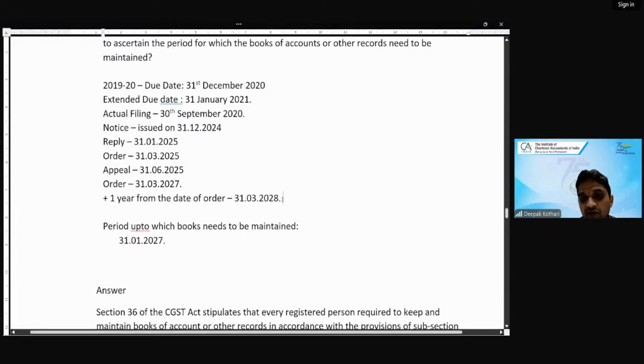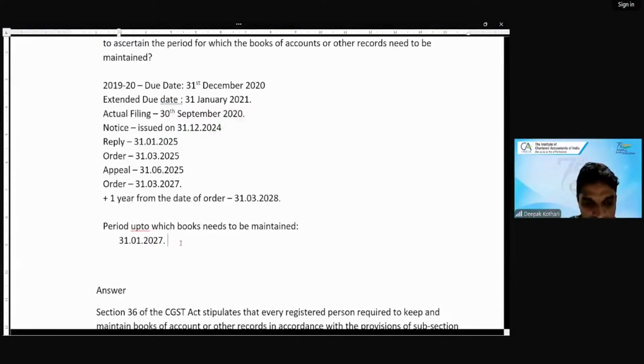So you have to maintain your books of accounts up to 31st March 28 or 31st January 2027, whichever is later. Which is later in our case, 31st March 2028. So if you have filed any appeal and you have received any order, 1 year from the date of that order or the actual maintenance of books of accounts period, whichever is later, you have to maintain your books for 1920 in our example till 31st March 2028.